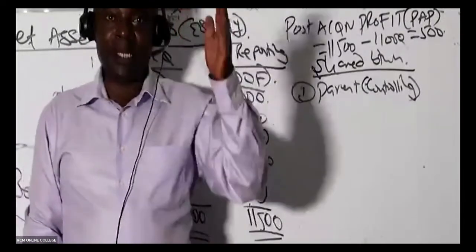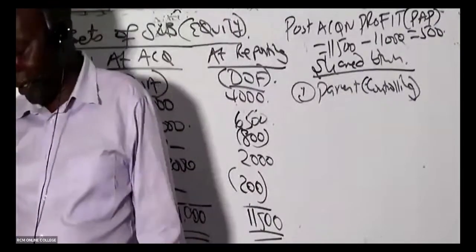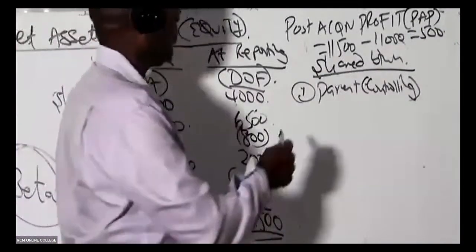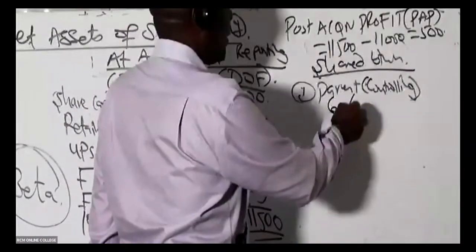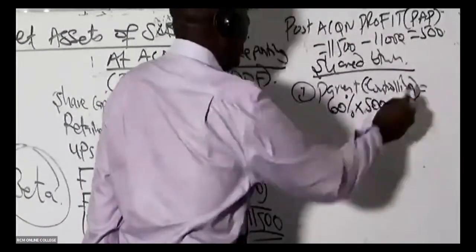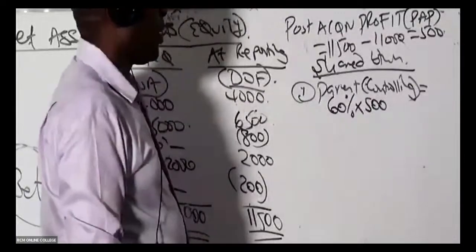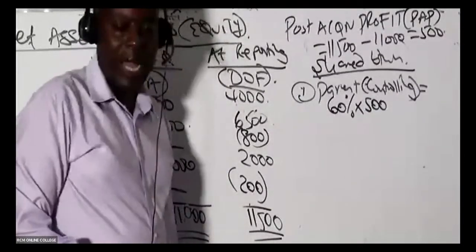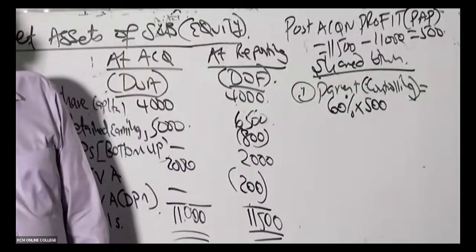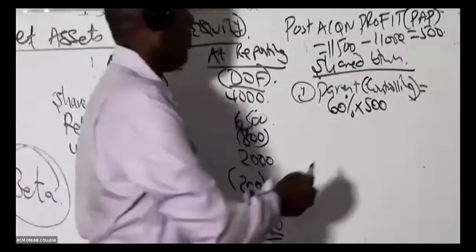This was given up there in the question, 60%. So 60% of this 500 will end up giving us how much? 300, isn't it? Yes. So this will give me 300.